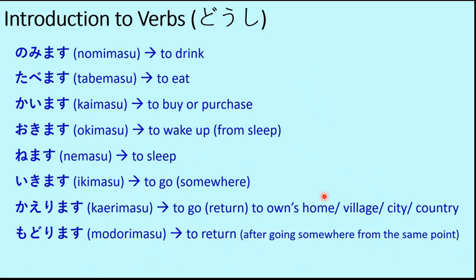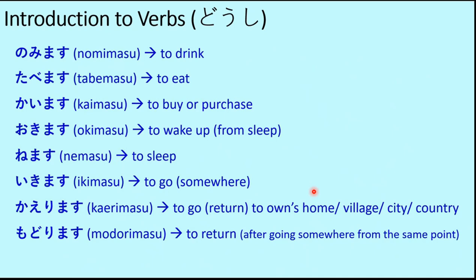Then there is a third one, modorimasu. Modorimasu means to return after going somewhere, to the same point. That means if someone starts from a point and he has to return back to that original point, then the word modorimasu is used, meaning to return to the same place from where he started. So this is how ikimasu, kaerimasu, and modorimasu are different from one another.